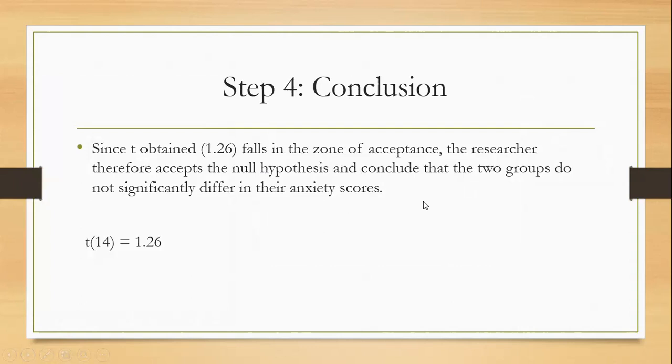Our T obtained, which is 1.26, falls within the zone of acceptance. The researcher will have to accept the null hypothesis and conclude that the two groups do not significantly differ in their anxiety scores. I hope I've made you understand the independent samples t-test.